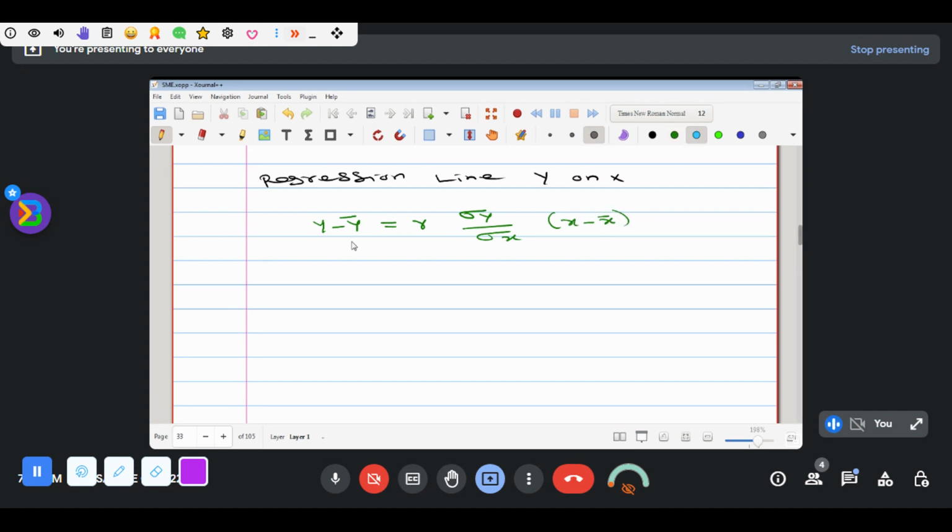You know all this notation. y bar means mean of y. x bar means mean of x. Sigma x and sigma y are the standard deviations of x and y. r, which we completed in the previous topic, is the correlation between x and y. This is the formula for y on x.